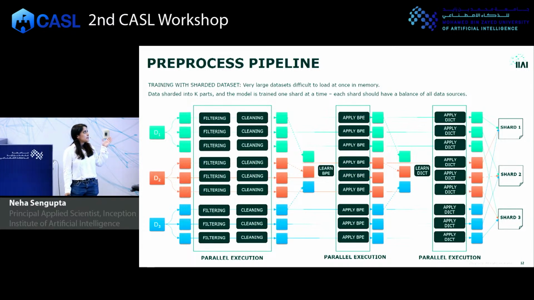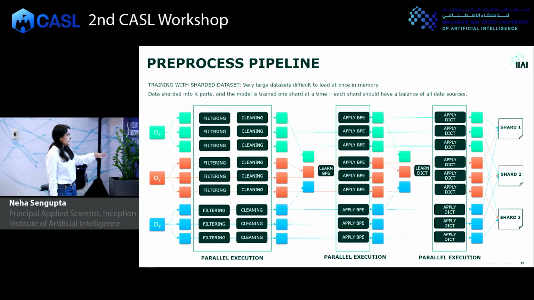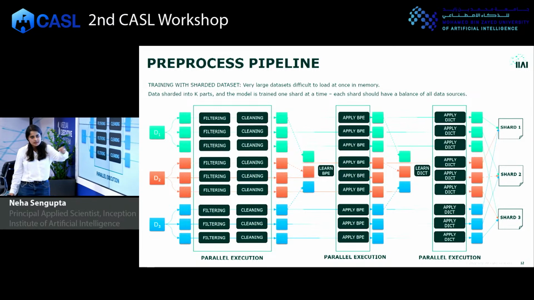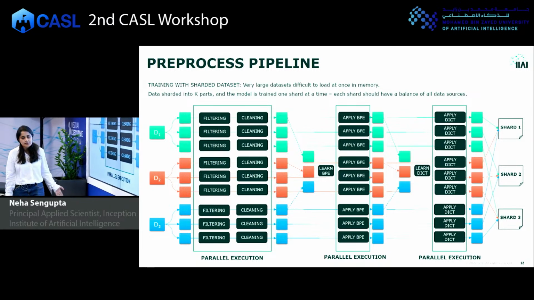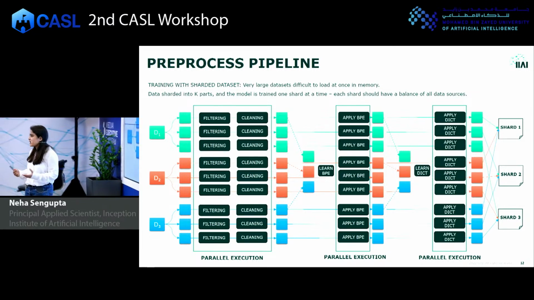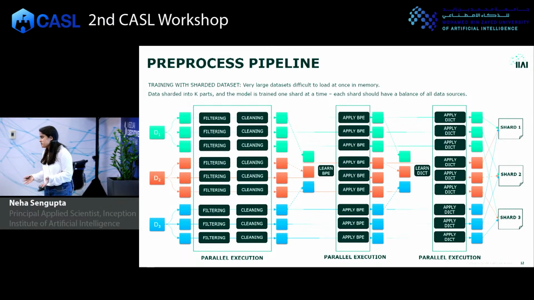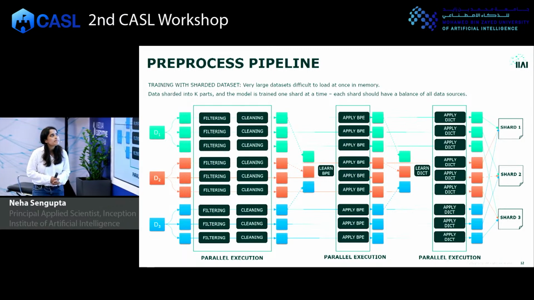We'll immediately split all of D1, D2, D3 into 3 parts each, right? And then each individual piece will run filtering and cleaning. And this entire process can be run across 9 identical, independent, parallel processes, right?